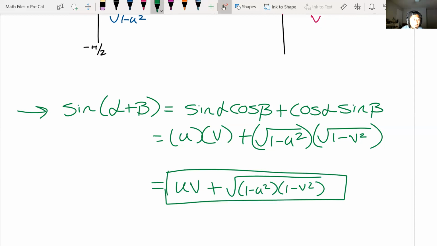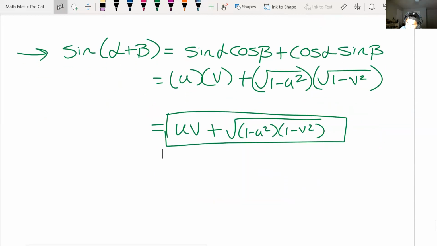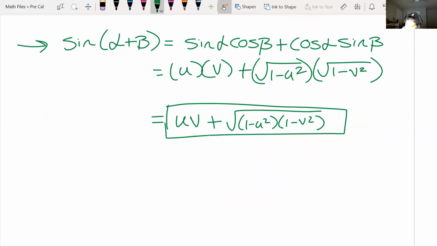Oh yeah, because you are multiplying them. True. If you did FOIL them, you'd get 1 minus v squared minus u squared plus u squared v squared, which would get us nowhere.